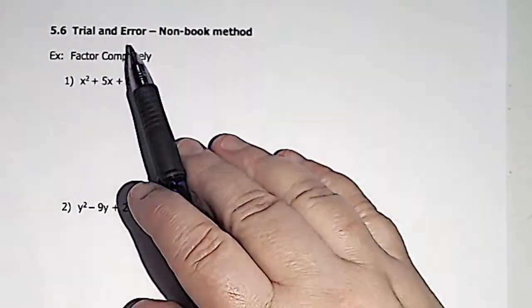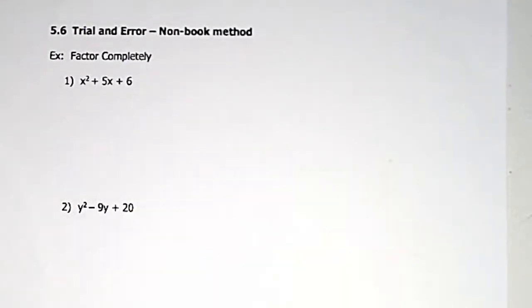I'm going to start with the trial and error method because, from watching students practice, I believe that when you use it, you actually get fast and really good, and it builds your skills. Those of you going on to calculus, it will help you develop your insight around polynomials.